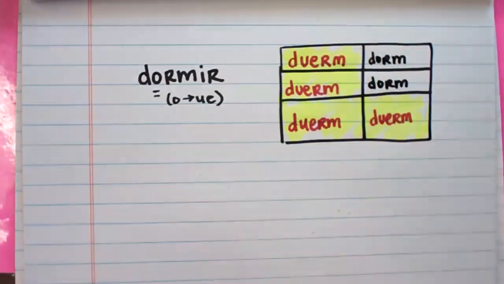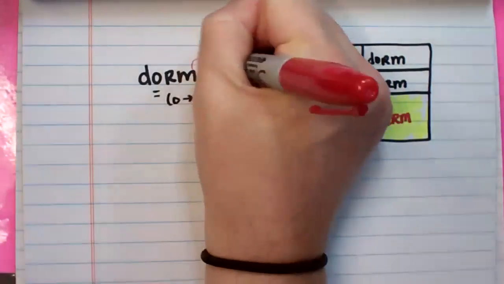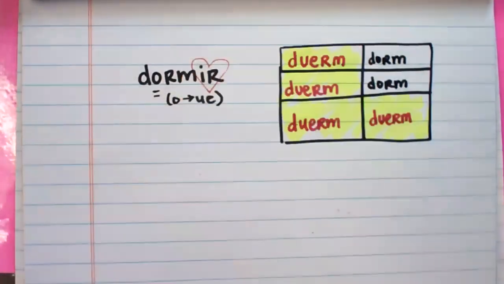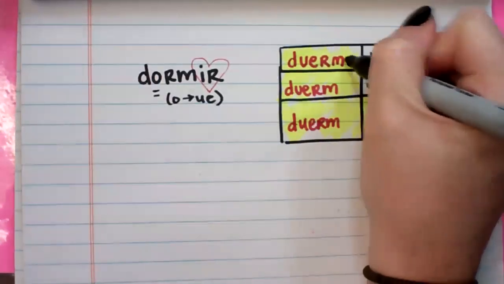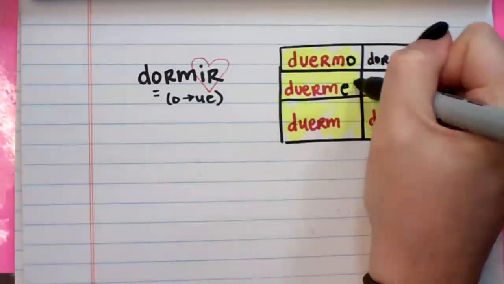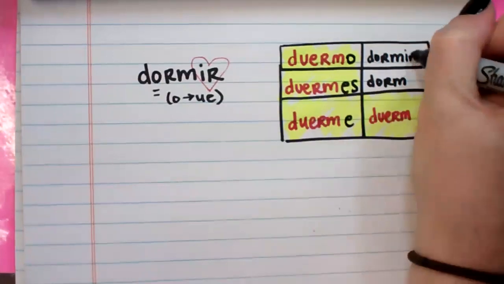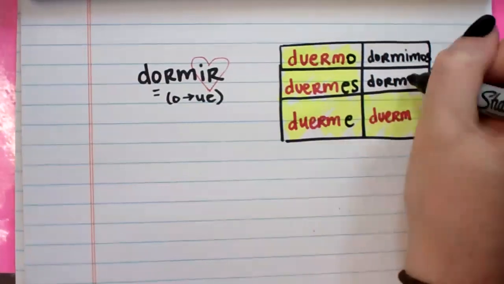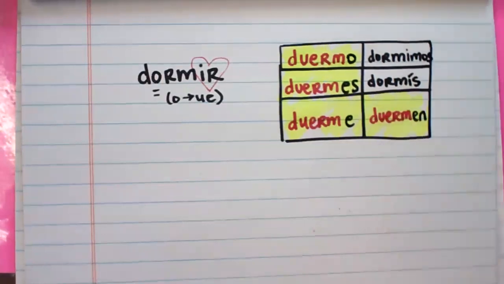So now what we have to focus on is conjugating the IR endings. So we have to think back to Spanish 1, and our IR endings are o, es, e, imos, ís, en.